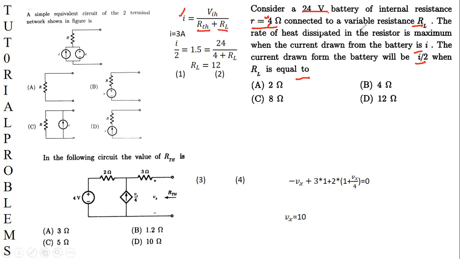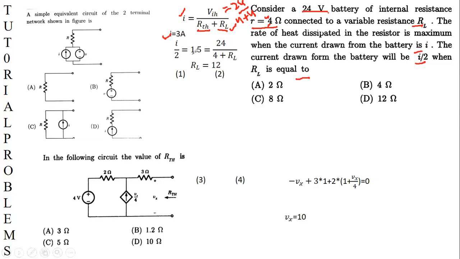When the heat dissipated, meaning power, is maximum, for maximum power RTH is equal to RL, or load resistance should be equal to the internal resistance. So I is 24 divided by 4 plus 4, and now the circuit current becomes 3 ampere.